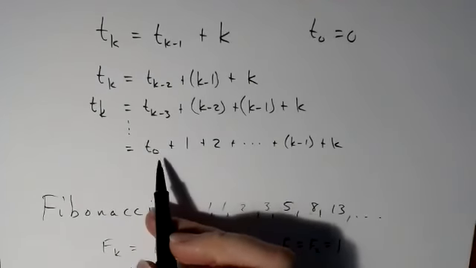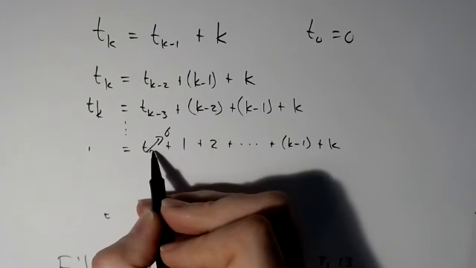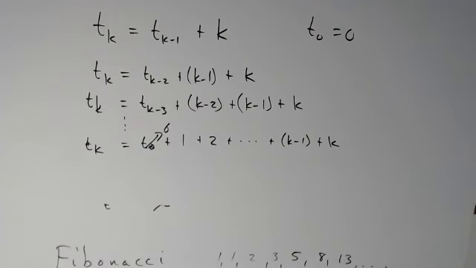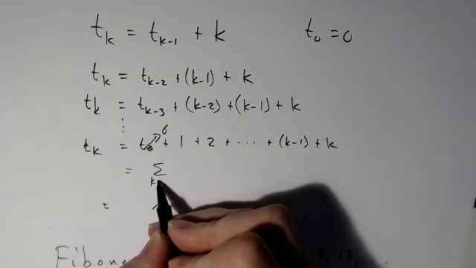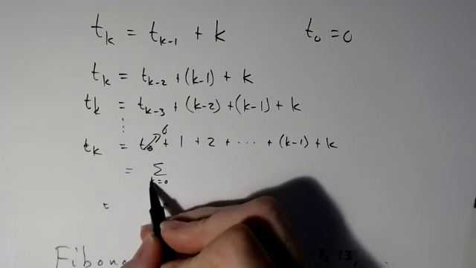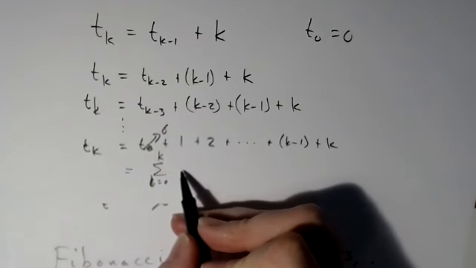And t_0 is just 0. So t_k is equal to the sum, as i goes from 0 to k, of i.